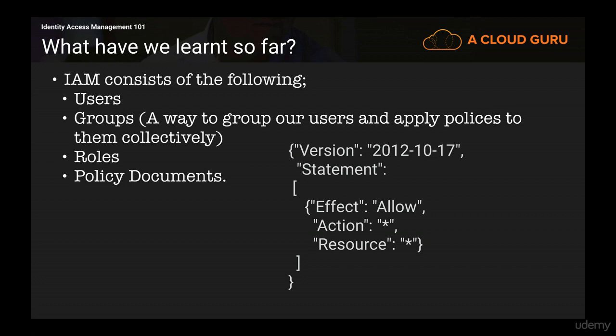We can actually start to nest if we use the square brackets. Our attribute is effect, and our value is allow. Our attribute is action, and our value is the wildcard, and then resource is our attribute, and again the value is the wildcard. So essentially we're saying allow any action on any resource.